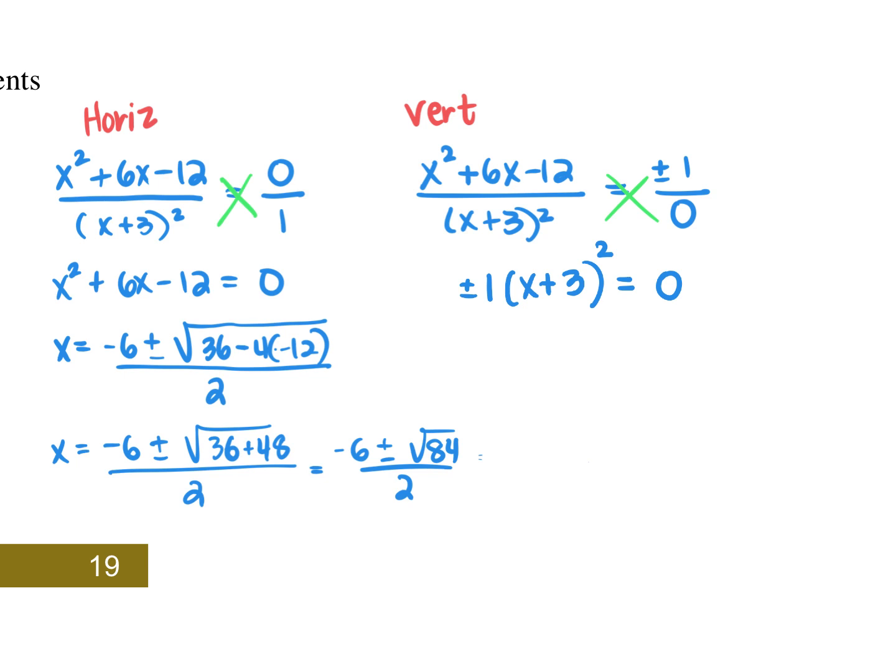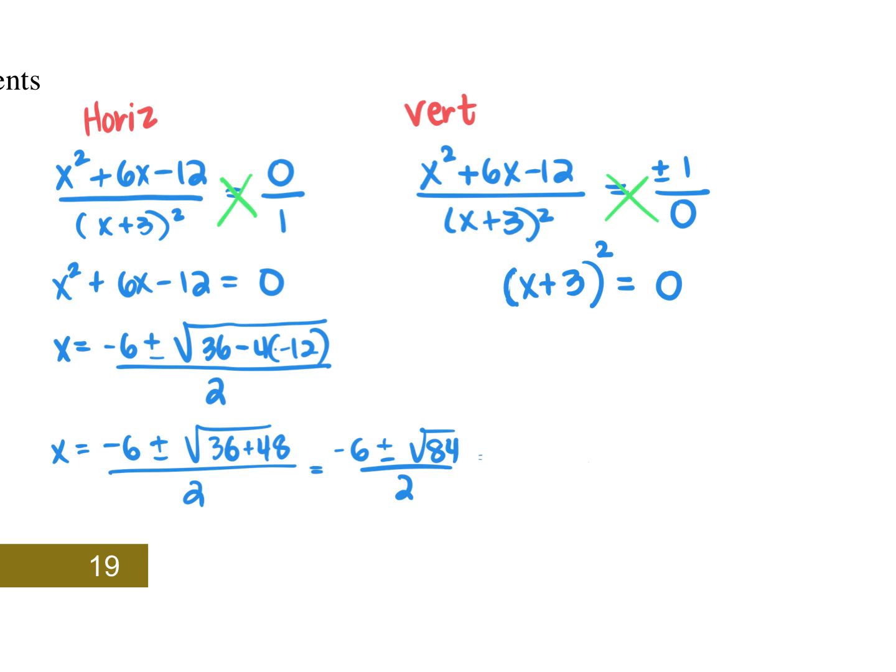What's 0 divided by plus or minus 1? Still 0. 0 divided by anything is still 0 as long as you're not dividing by what other number? 0. You can't divide by 0, but anything else. Okay, so how do we solve that?